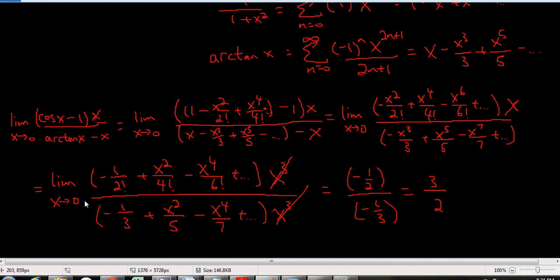You plug in x to be 0. The first term of the numerator and the denominator were not dependent on x, and the other terms each go to 0. And so I get 3 over 2. Yep, that's the solution. Awesome.